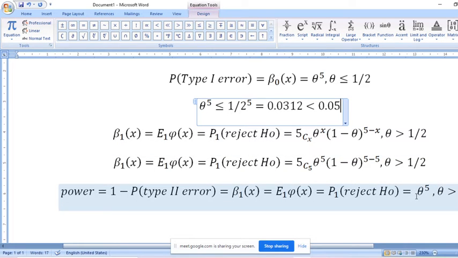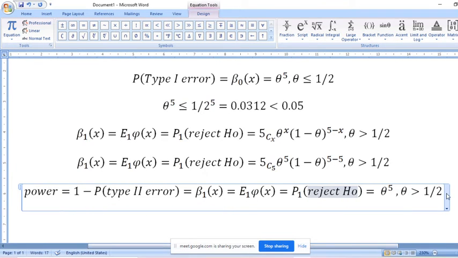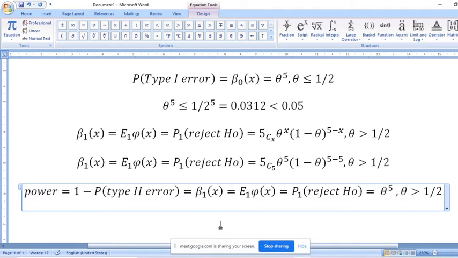At the same time, what is the situation of power? Let us take this one.